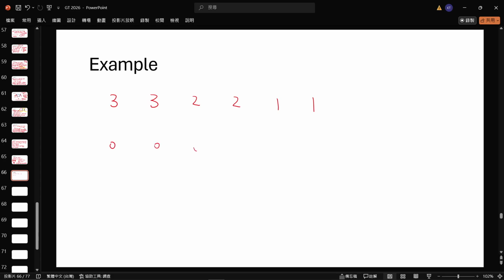So let's try to find a connected graph to realize it. Okay. So basically, we're going to follow the previous algorithm.